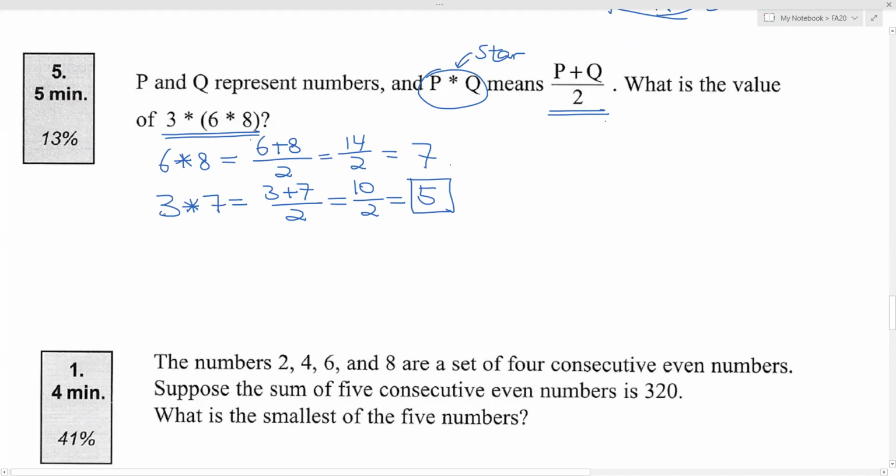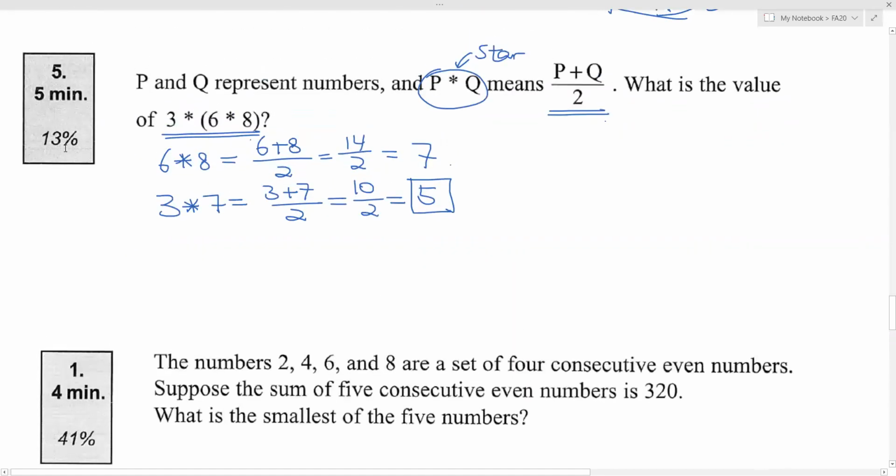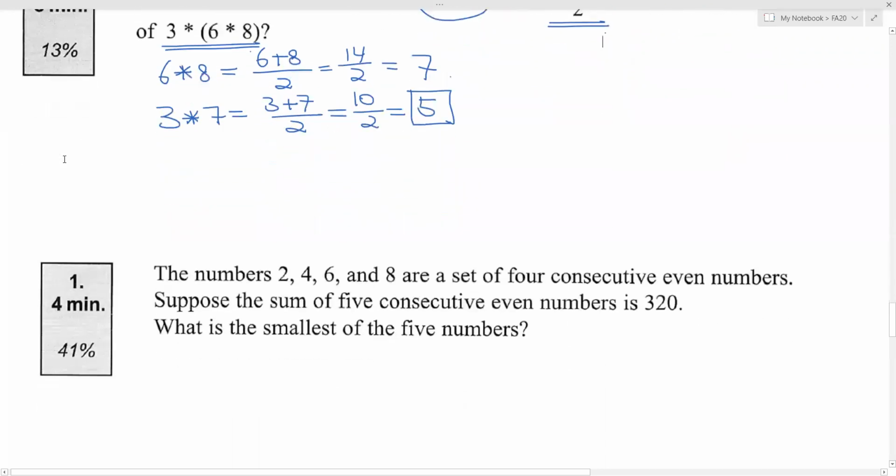And you start the process all over again until you get to the final answer, okay? As long as you understand what the question was asking, then it becomes very easy calculations. Wow, I'm surprised only 13% of the students got this right. So the key here is about understanding the question.